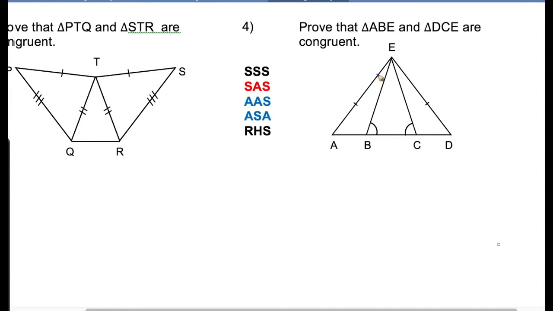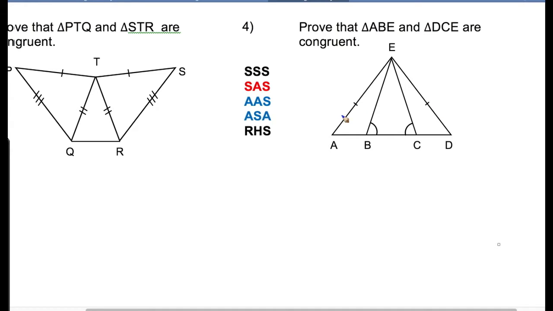In the last sum, we are to prove that triangle ABE and triangle DCE are congruent. As you can see, we have only one known side. Therefore, we need more information.